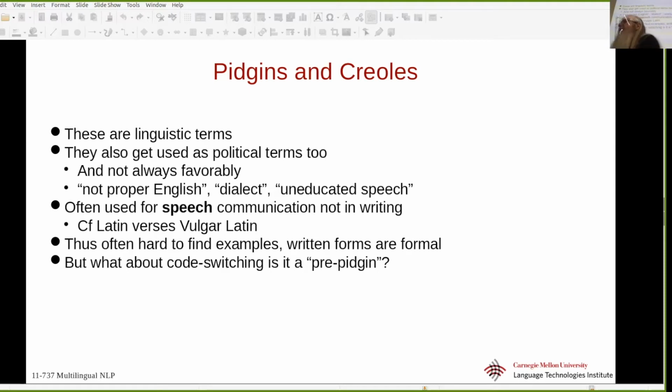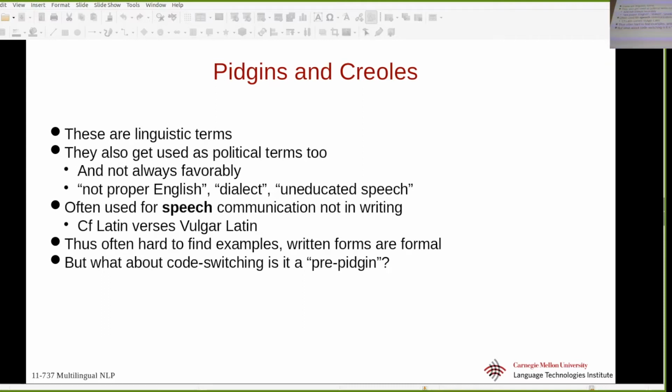All of the different languages in China, okay, are called dialects. They are not called different languages, even though they are more different than the European languages. And that's probably political, okay?